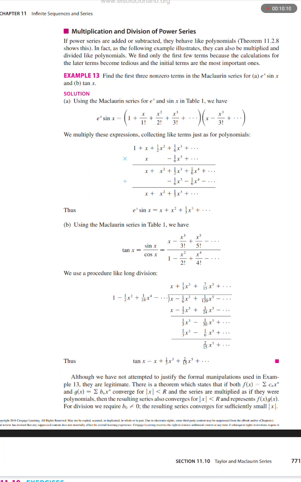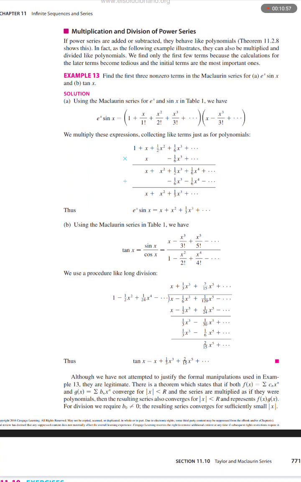Part B. Using the Maclaurin series in Table 1, we have tangent x equals sine x over cosine x equals (x minus x cubed over 3 factorial plus x to the power 5 over 5 factorial minus ellipsis) over (1 minus x squared over 2 factorial plus x to the 4th power over 4 factorial minus ellipsis).